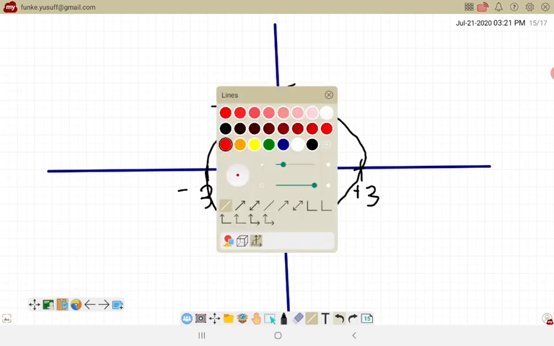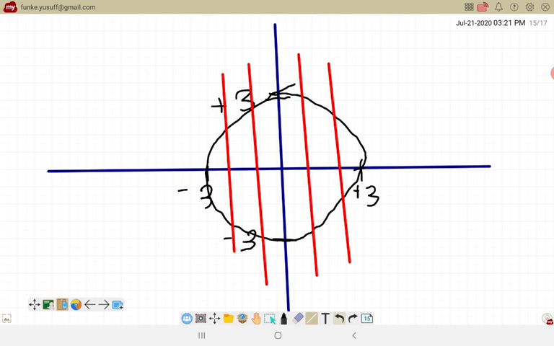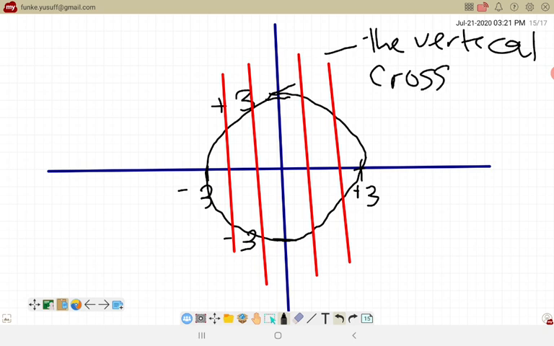You're going to notice that the vertical line crosses the graph at 2 points.